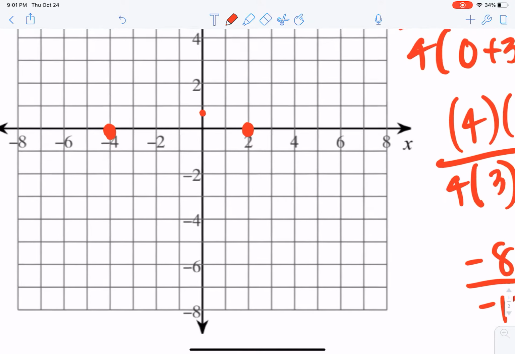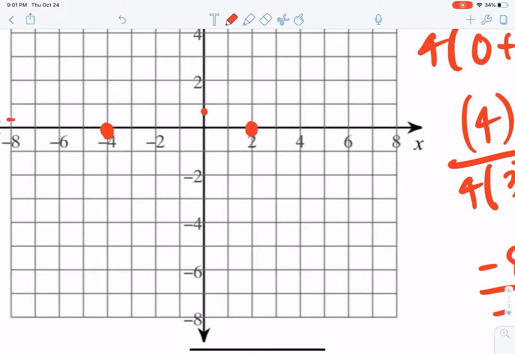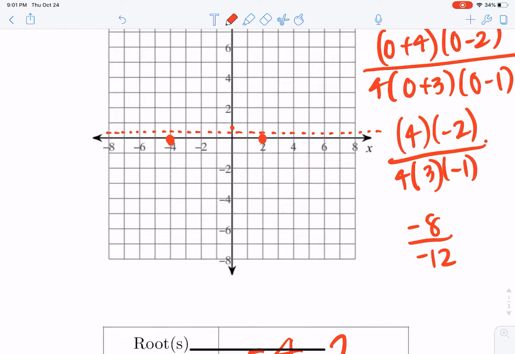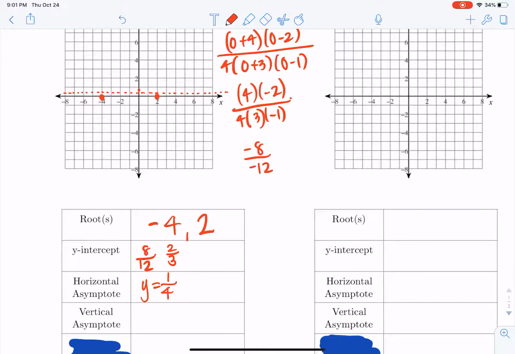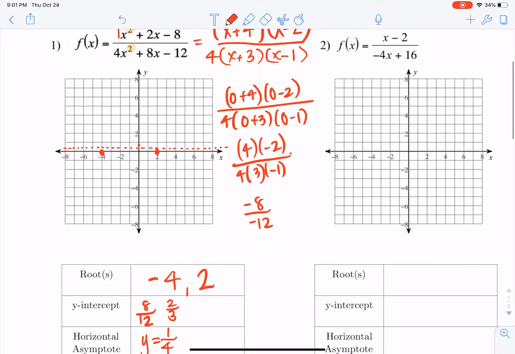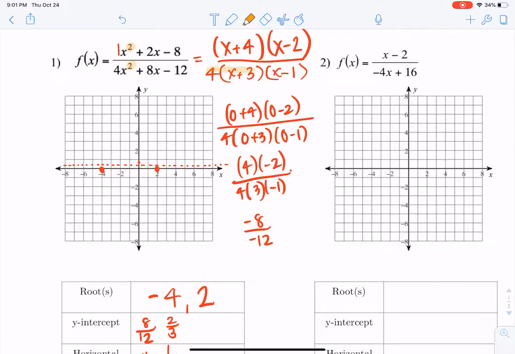I'm going to zoom in so I can sketch around here. Here at y equals 1/4, I will have my horizontal asymptote, and here is my y-intercept.